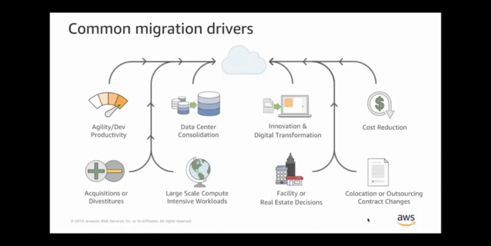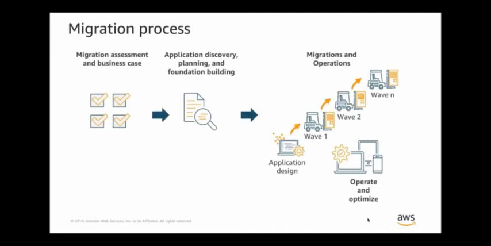So what does the process look like? Having worked with our customers on hundreds and thousands of migrations, we typically go through a process of working with our customers on an assessment and building a business case. The business case looks at three aspects. One would be looking through the lens of business value, or realizing the benefits of the cloud.